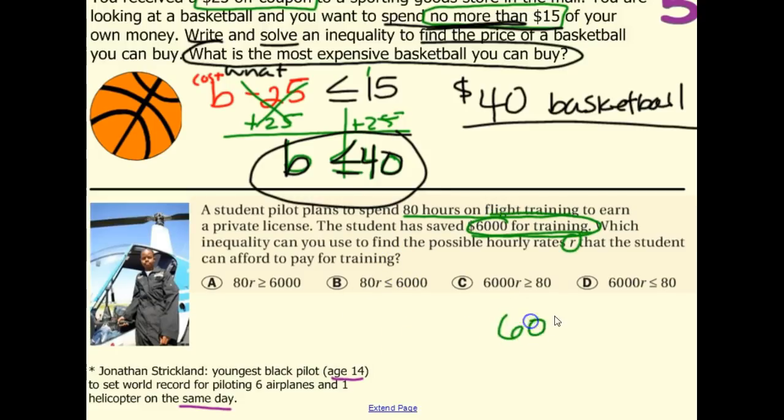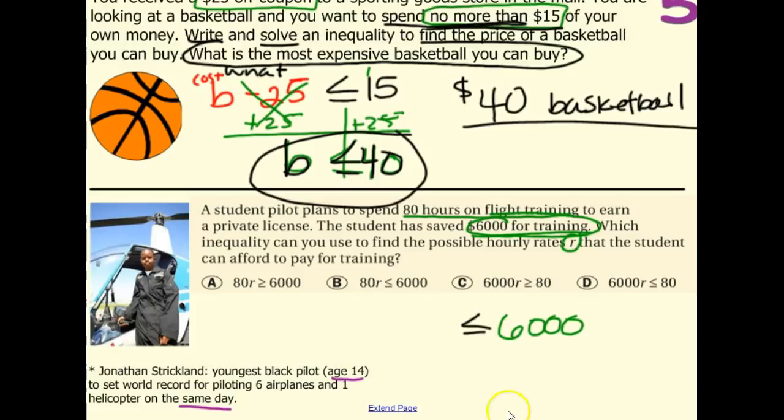So we have $6,000. Can we spend less than or greater than $6,000? Well, I can't spend more than $6,000 because I don't have more than $6,000. So I have to spend less than. I could spend exactly equal to $6,000. As you notice, all of our symbols also have the equal to. So we have to spend less than or equal to $6,000.